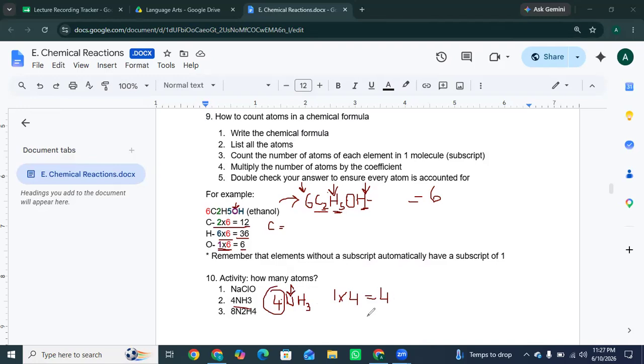Okay? Hydrogen. Hydrogen has 3, so you have to multiply 3 by 4. And why do we multiply with 4? Because this big coefficient, we multiply everything with this 4. Okay? 3 fours are 12.